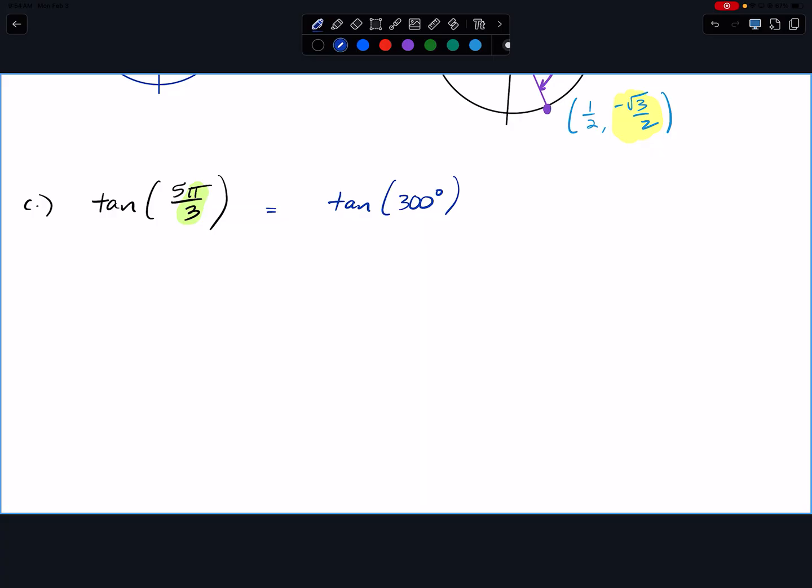Does that make sense? So which quadrant would this be in? Quadrant 4, good. So in quadrant 4, I'm drawing our angle so it finishes in quadrant 4.